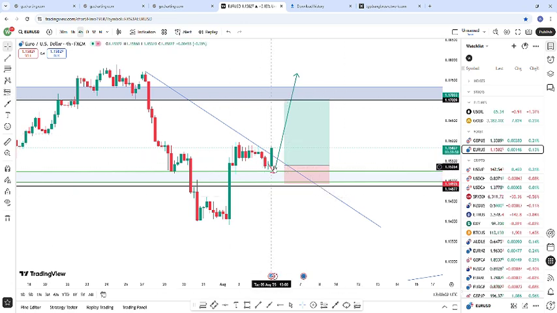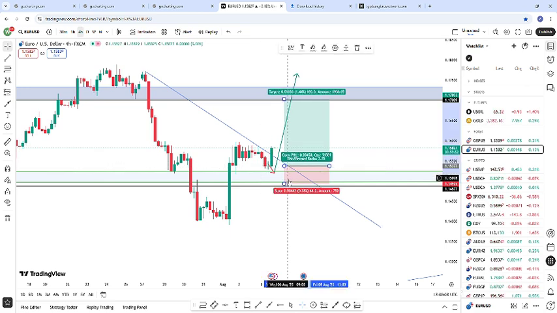So this formation here is a morning star. So I got in this market here, my stop losses came below the support, and I'm looking to take this profit all the way to the upside. Yeah, so this is just a bullish setup.